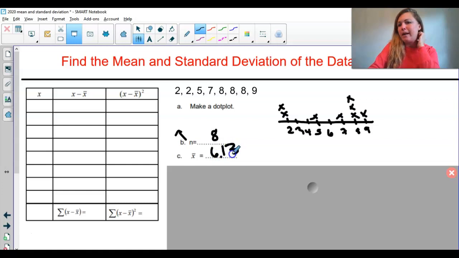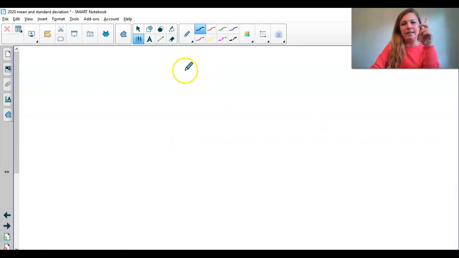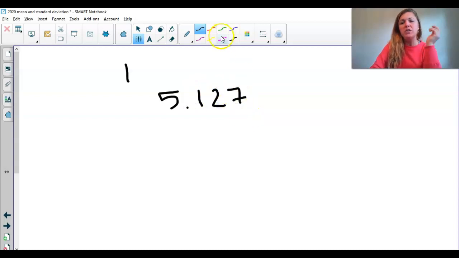I should say in regular stats, sometimes people forget how to round. Just a quick little lesson on that. Let's say I had 5.127. If I wanted to round to the nearest hundredth, which is my second decimal place, I want to look at the one right after it.